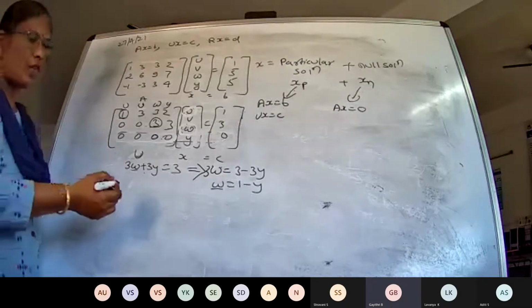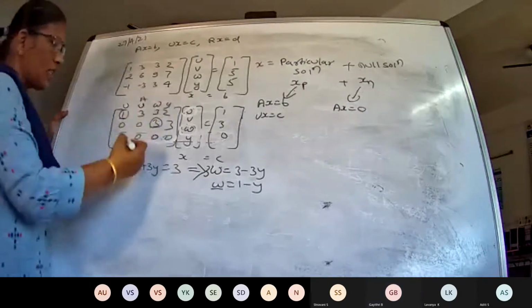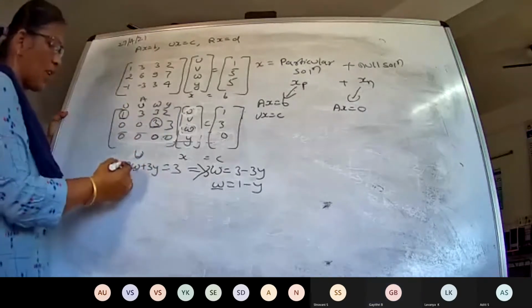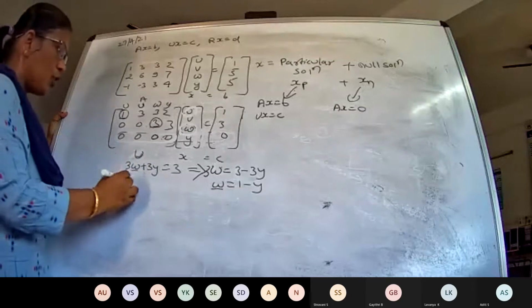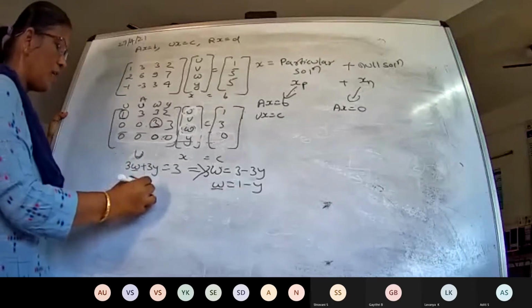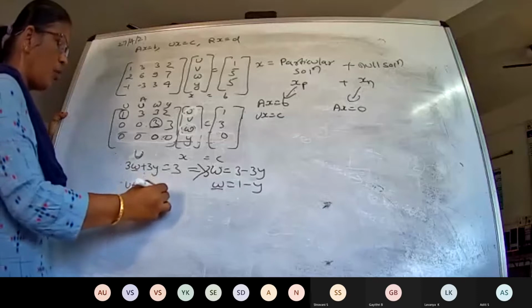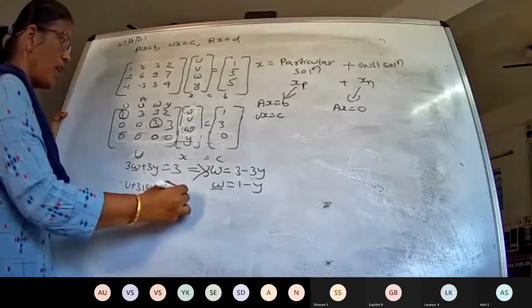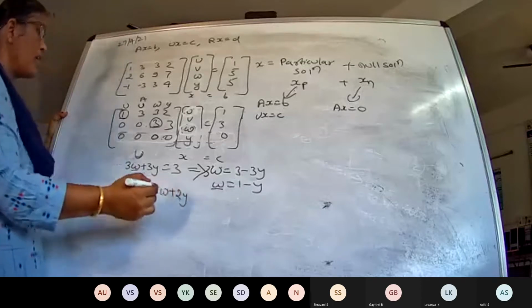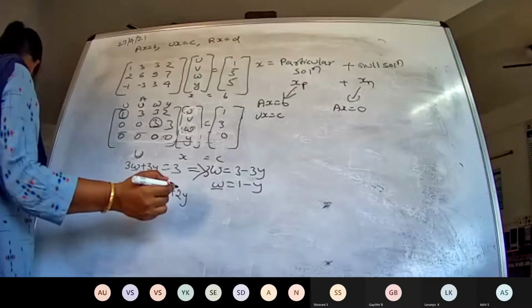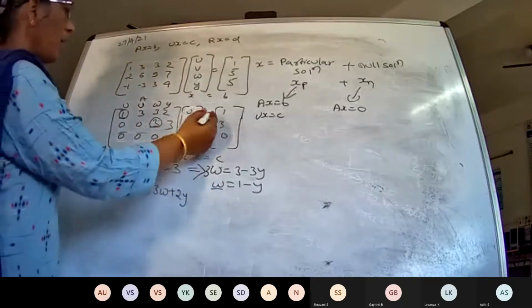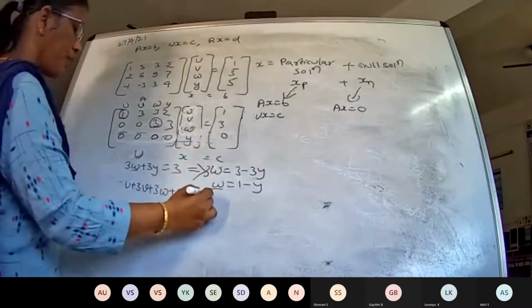Yes, ma'am. Okay. So next row. We have completed the first row and second row. From the first row, u plus 3v plus 3w plus 2y equals 1.